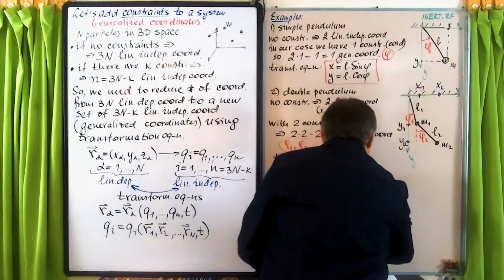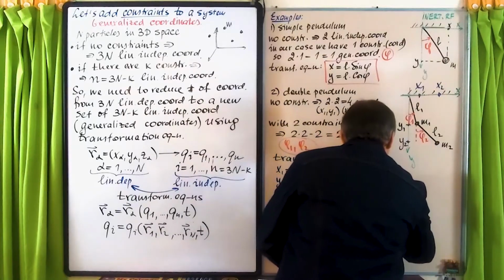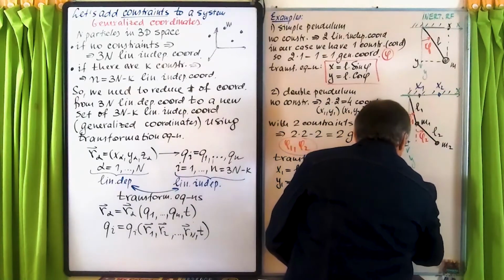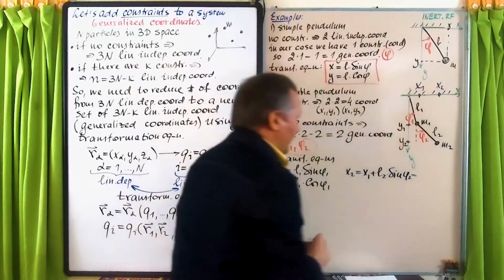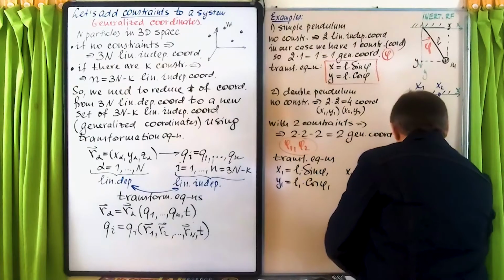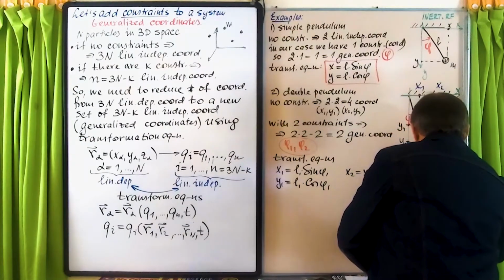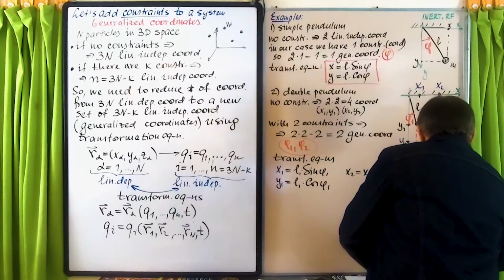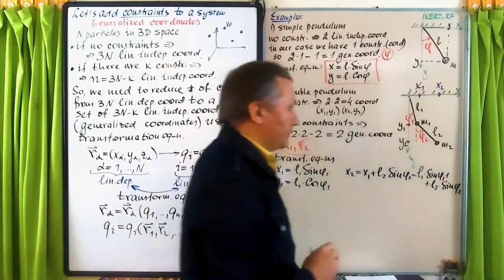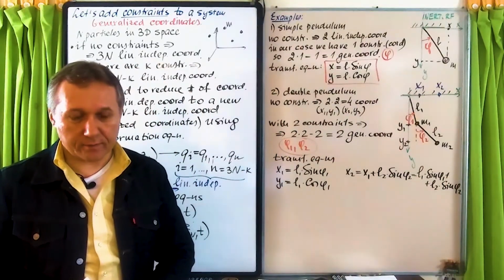So x2 equals L1 sine phi 1 plus L2 sine of phi 2. So that's the next transformation equation.